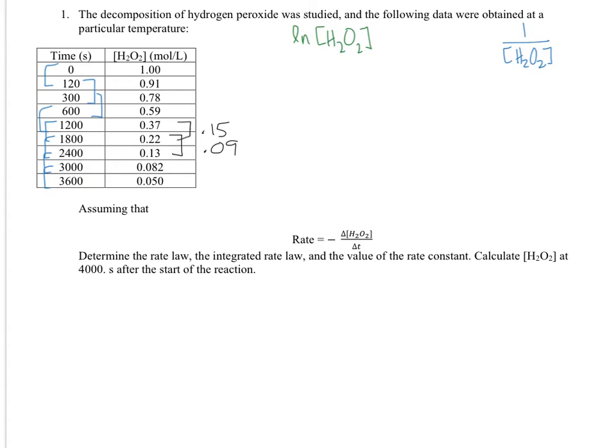And just to double check that I'm not crazy, I'll do one more set, and I'll see that the difference between 0.13 and 0.082 will be 0.048. Now these numbers are not consistent, which indicates to me that my line is going to be a little bit curved and not a straight line. So this is not zero order.